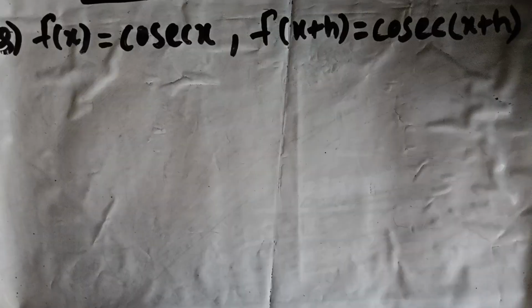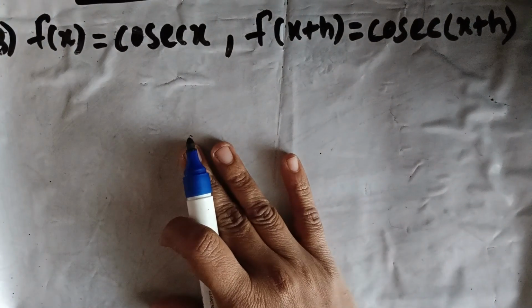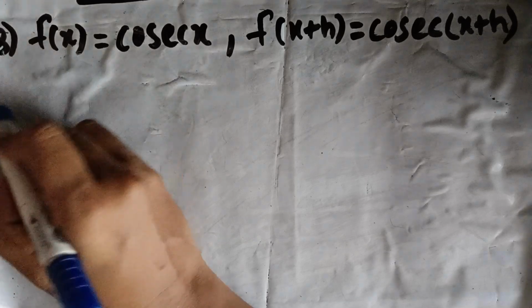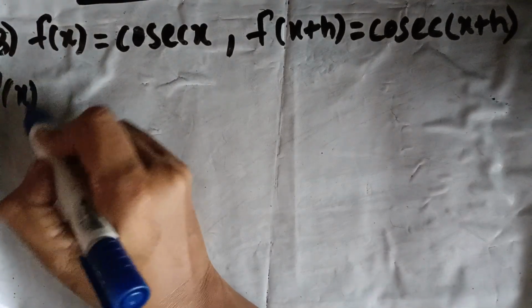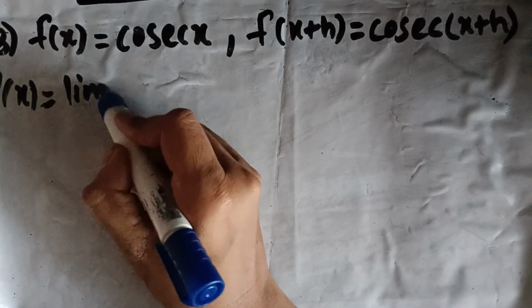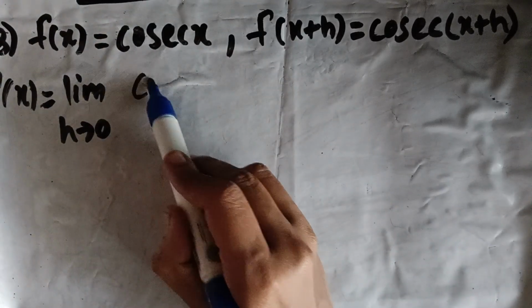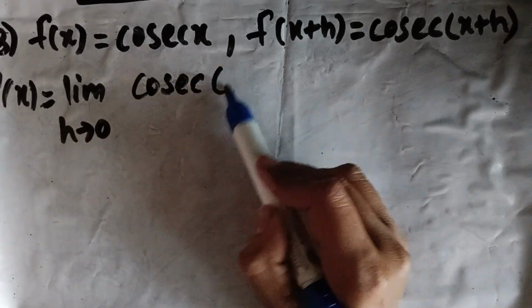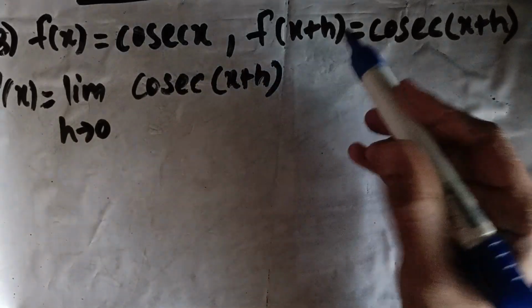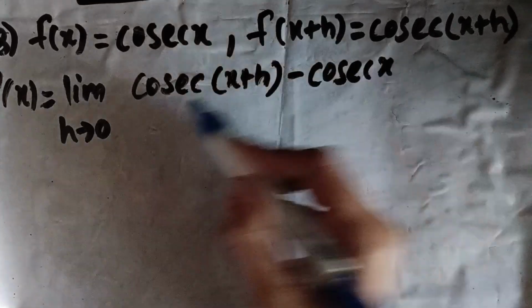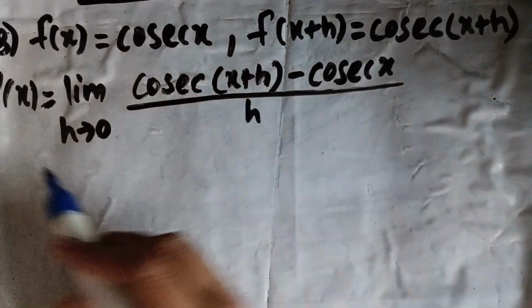Next question. f of x is equal to cosec of x. f of x plus h is cosec of x plus h. So f dash of x is limit as h tends to 0, cosec of x plus h minus cosec of x upon h.